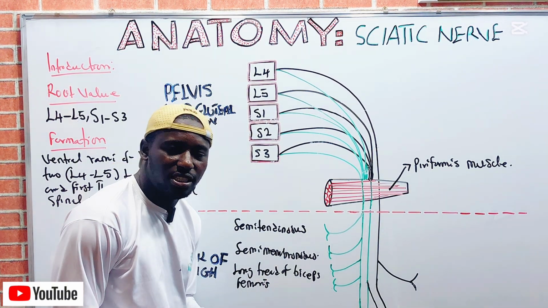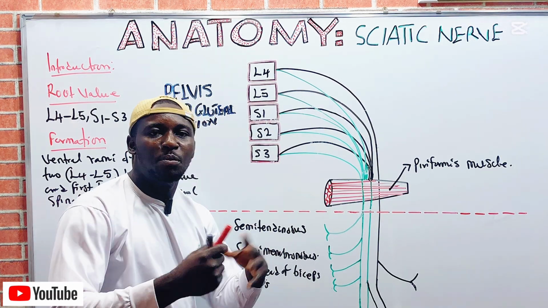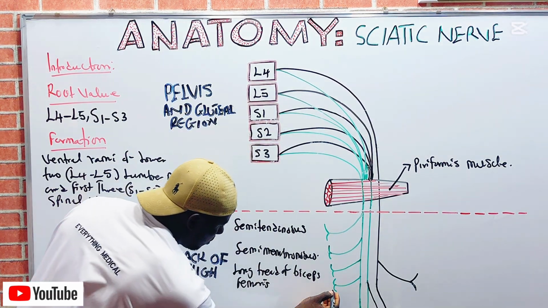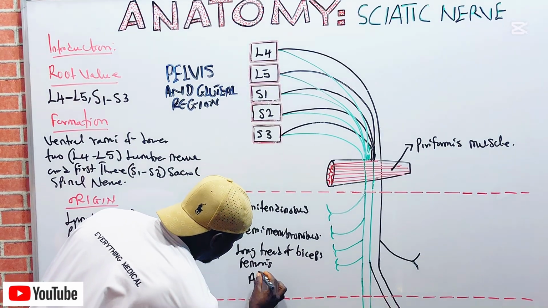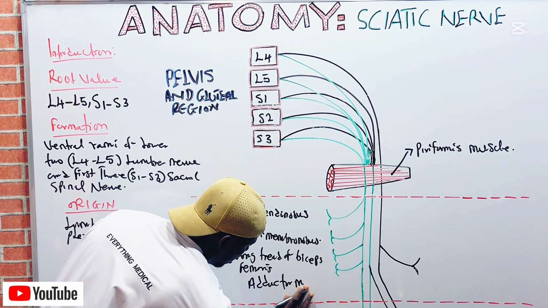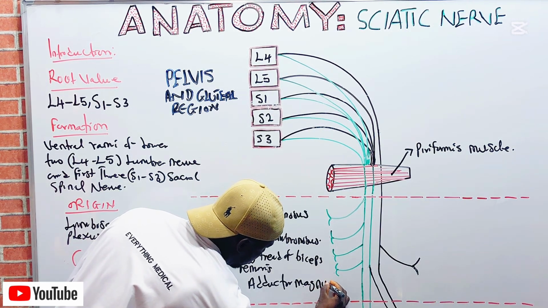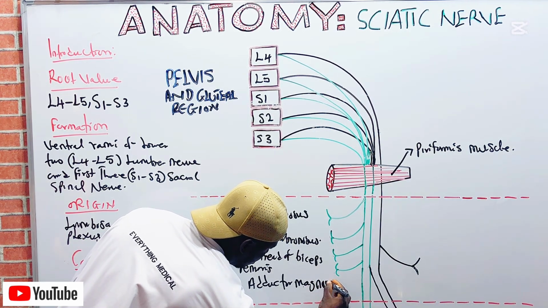It also gives a motor branch which supplies the adductor magnus, which is the hamstring part. Here it is, adductor magnus.